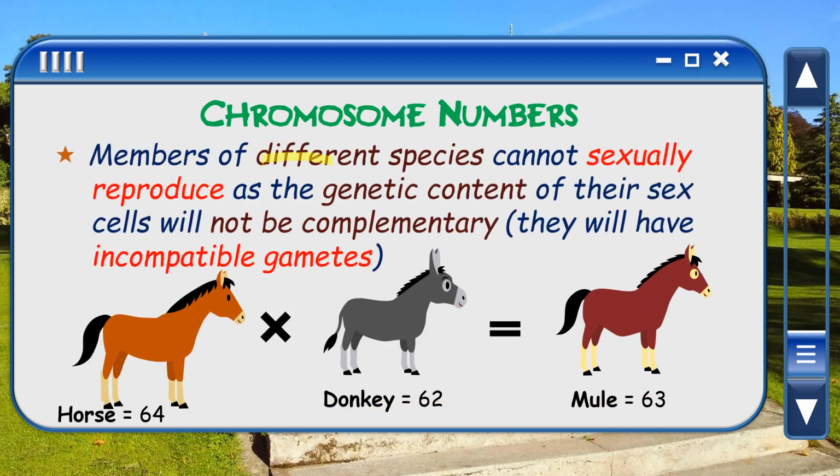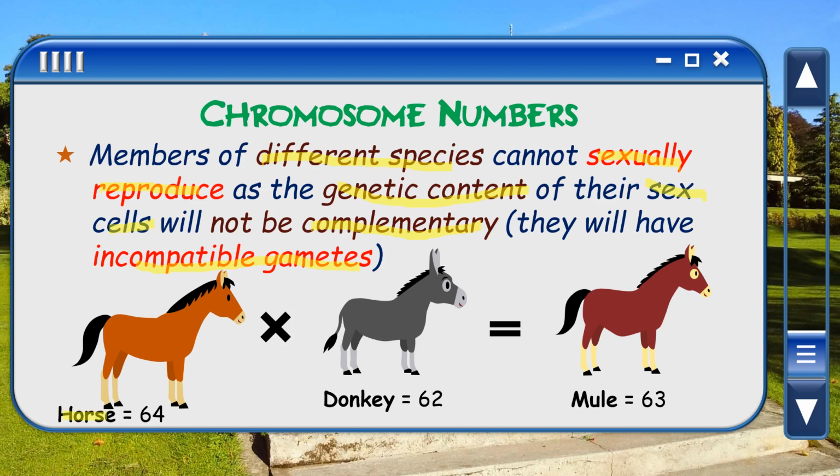Members of different species cannot sexually reproduce, as the genetic content of their sex cells is not complementary. That is, they will have incompatible gametes. For example, we have here a species of the horse.